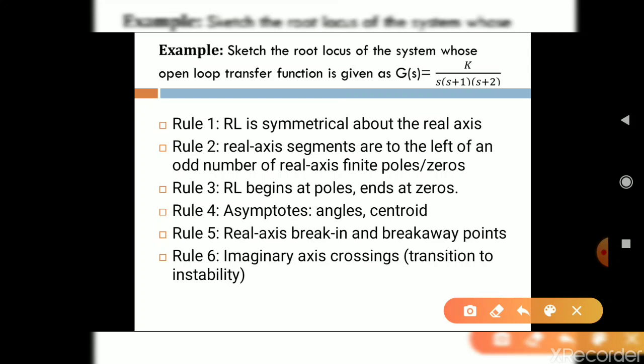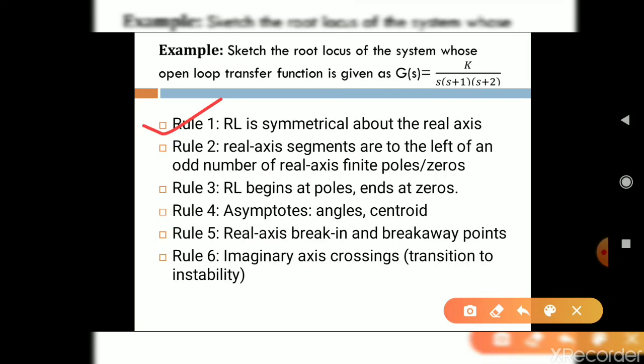First of all, we know that root locus is always symmetrical about the real axis, meaning the upper portion from the real axis and the lower portion from the real axis are symmetrical to each other. Second point is the real axis segment, meaning the points on which the root locus will lie. We need to decide the region in which the root locus will lie on the real axis.